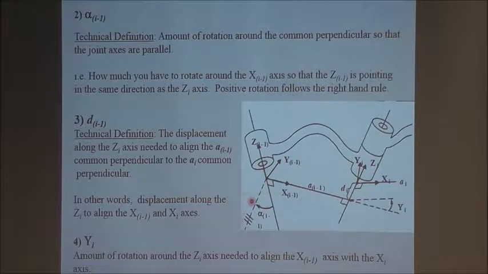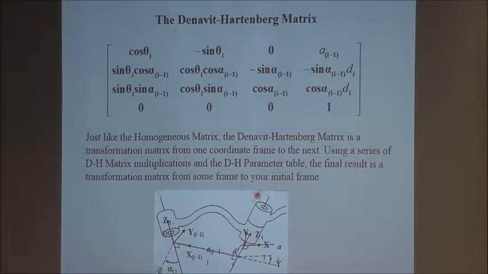As you can see, corresponding to these four DH parameters, there will be four transformations, some rotation, some translation. Having said that, the result will be a matrix like this, which contains sines and cosines of theta_i and alpha_i.